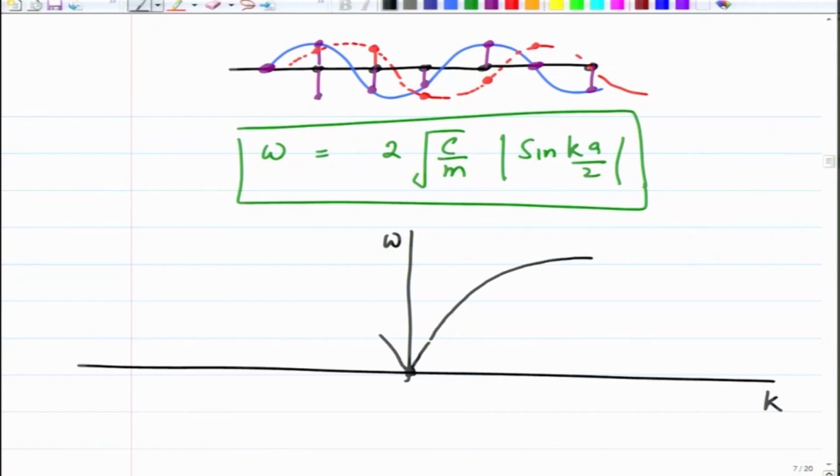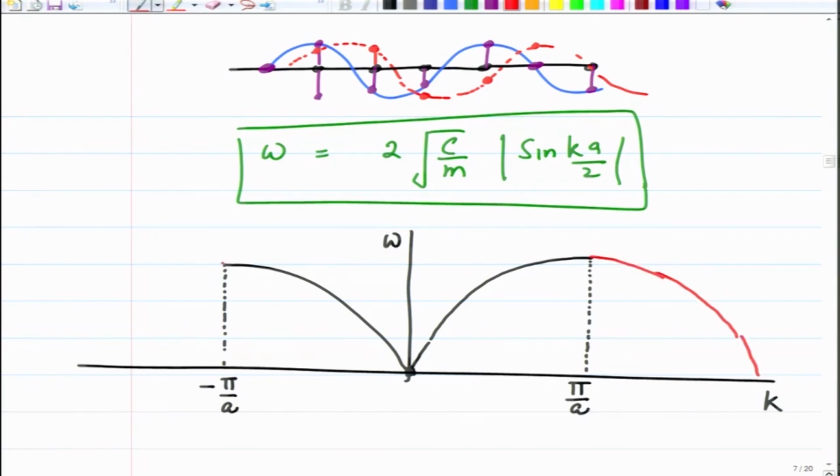Same thing on the other side, it flattens out and it hits a maximum at pi over a, and a maximum at minus pi over a. Remember, there is a mod in the formula, so minus pi over a and pi over a does not matter. And if you increase k further, it goes down, again becoming 0 at 2 pi over a, minus 2 pi over a, and if I increase k further, it repeats itself.